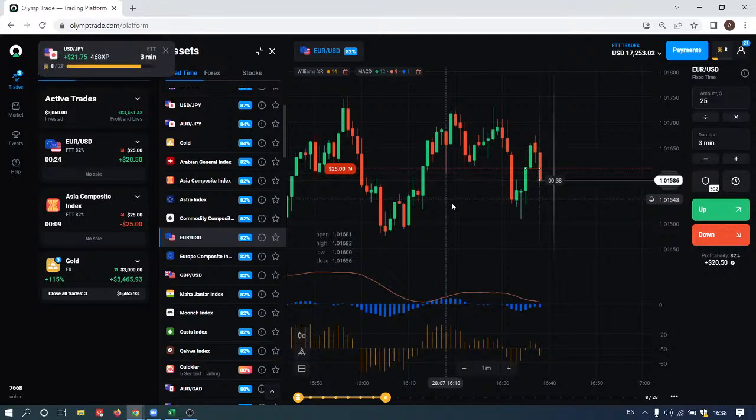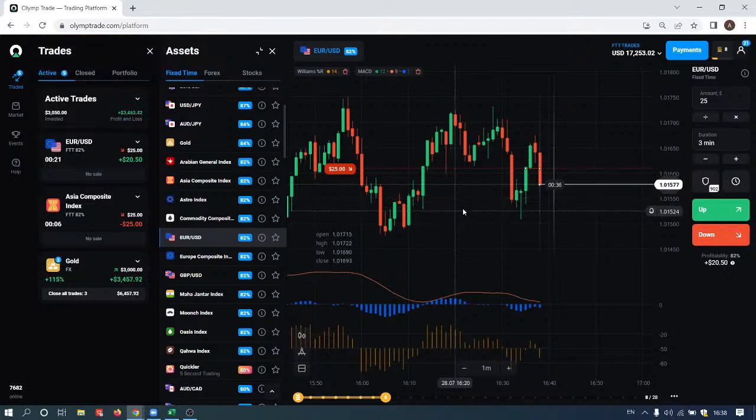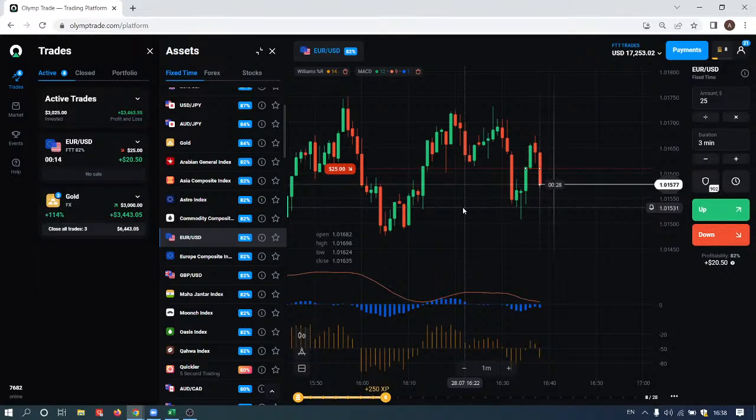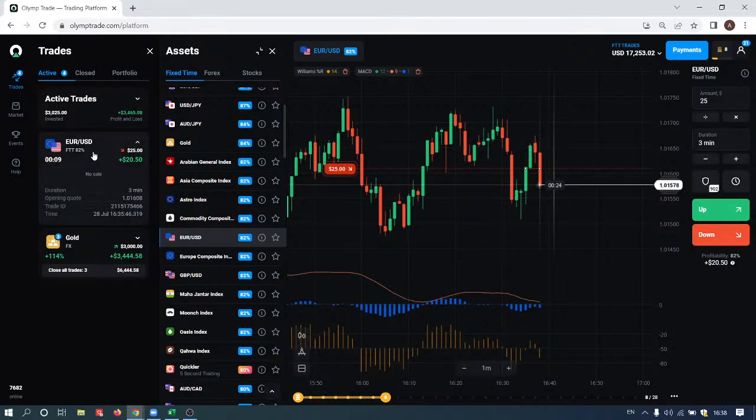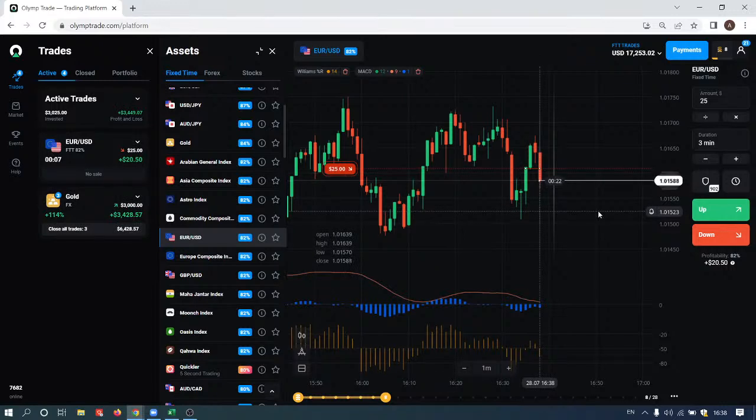It's like running a marathon, where everything can be stable. But in Formula One racing, you don't always have the same speed. You have faster sequences, and then you have slower sequences. With trading and trading strategies, the same principle applies.